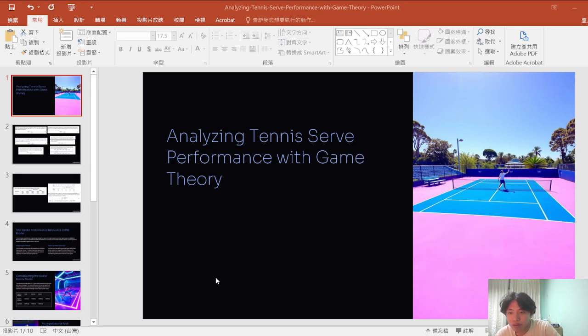Winning players consistently displayed a higher SPR index for their serves, particularly in scenarios with two pure strategy Nash equilibria. And losing players generally had lower SPR index, indicating that their strategic choices might have been less effective in maximizing their performance.